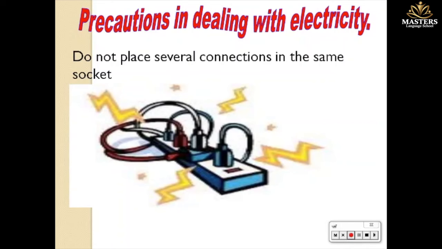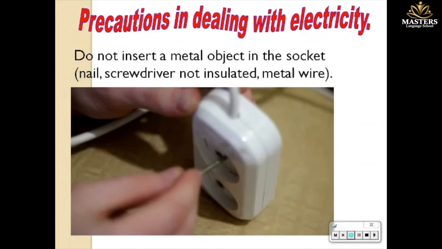So we have precautions in dealing with electric shock. Number 1, don't place several connections in the same socket, because it causes electric fire. Number 2, don't insert a metallic object in the socket, like a nail, a screwdriver, or non-insulated metal wire.